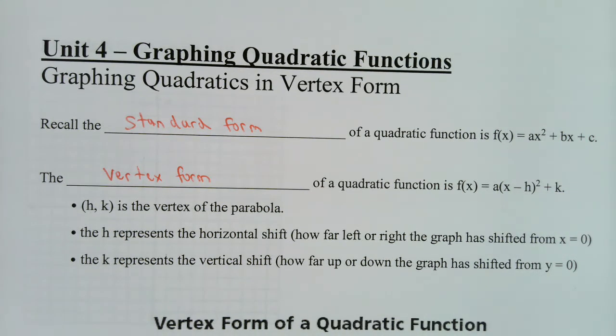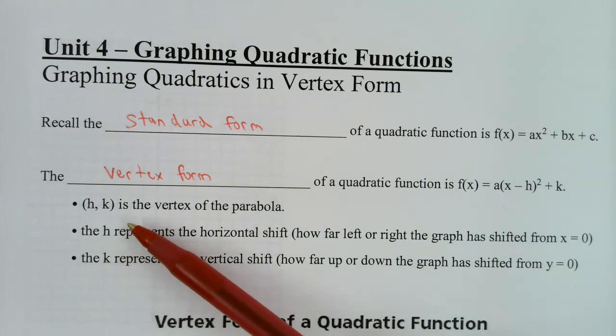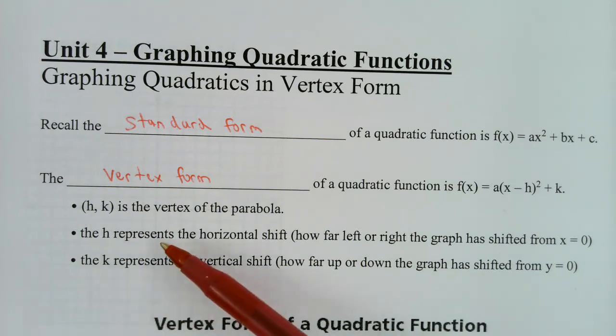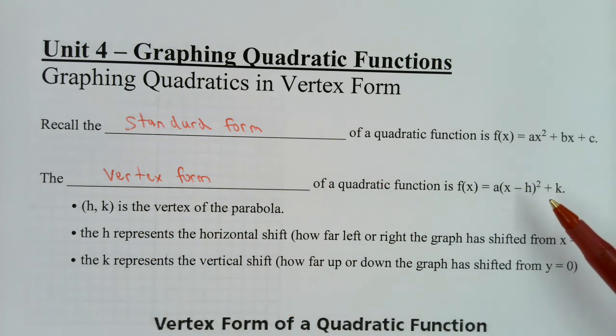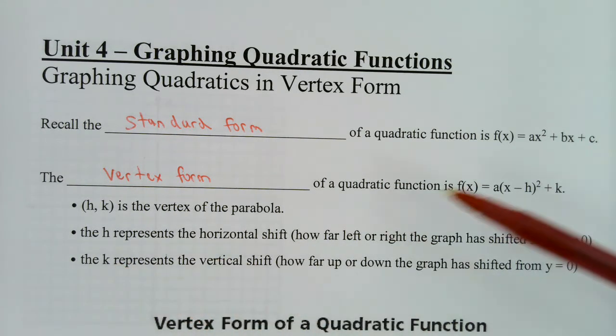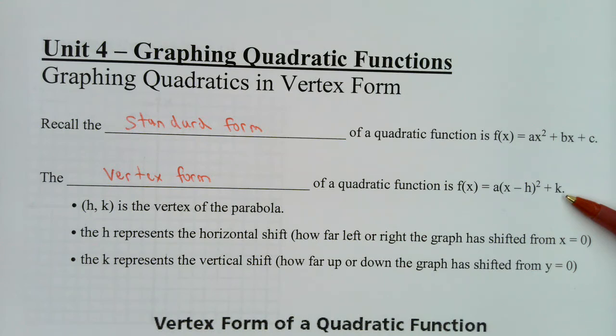You have to be careful for the signs, as you'll see when we get to the examples. The h, you might remember this from Unit 2, Families of Functions. The h represents the horizontal shift, how far left or right you're moving from 0. And the k value represents the vertical shift, how far up or down the graph is shifted from 0.